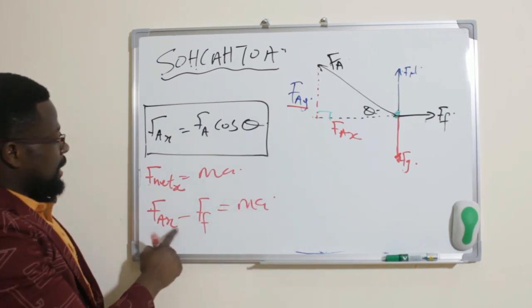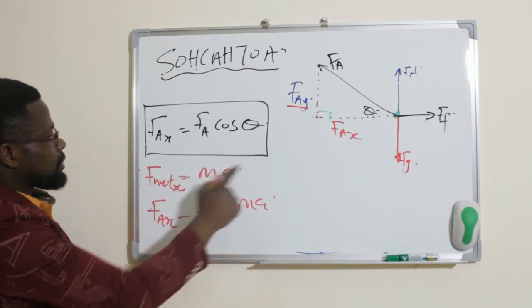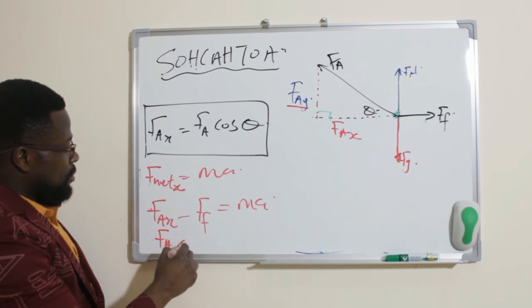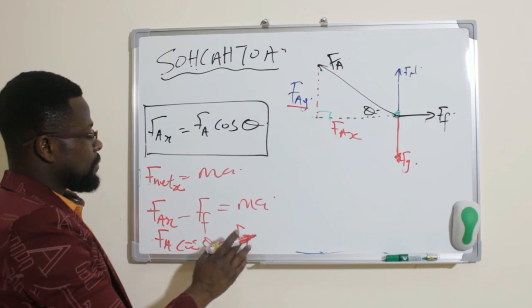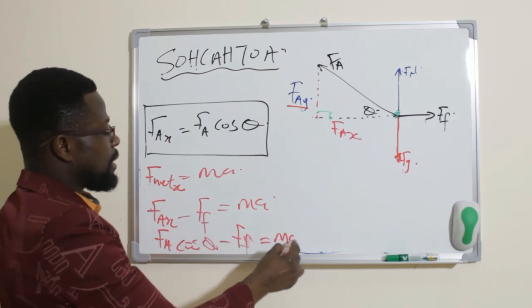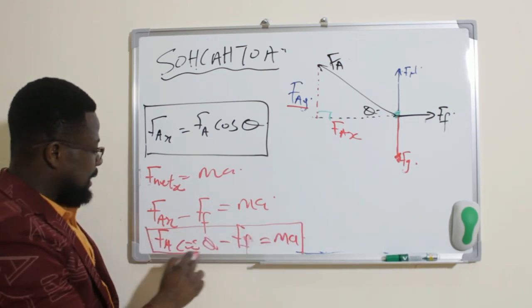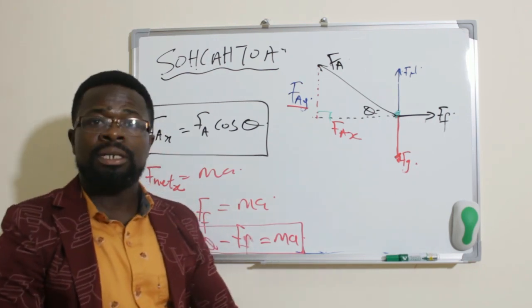Then what is FAX? It is what we have here. Therefore, our net force can simply be FA cos theta minus our FF being equals to MA. And this is also the net force acting in the horizontal direction.